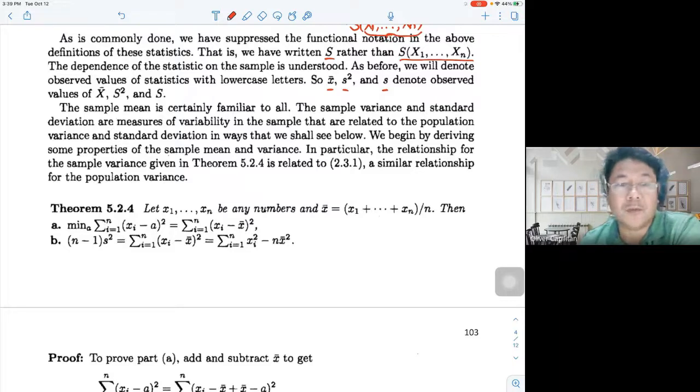For part B, we have the product n minus 1 times S squared, which is equal to this summation according to our definition of the sample variance, and that would be equal to the finite summation of X sub i squared minus n X bar squared.